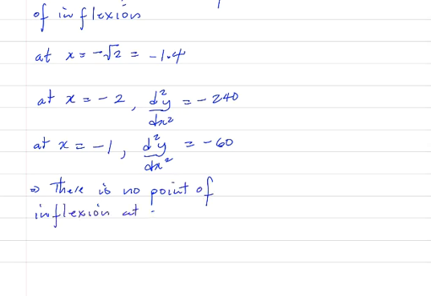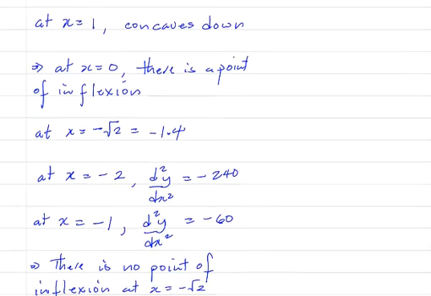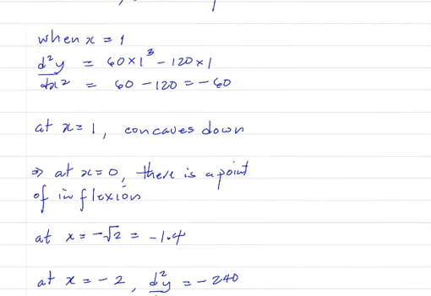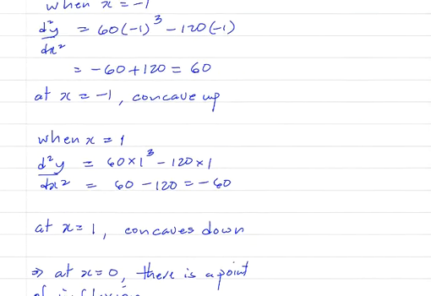Alright, there's no point of inflection at x is equal to minus the root of 2. There is a point of inflection at x is equal to 0. So let's just do the final one.